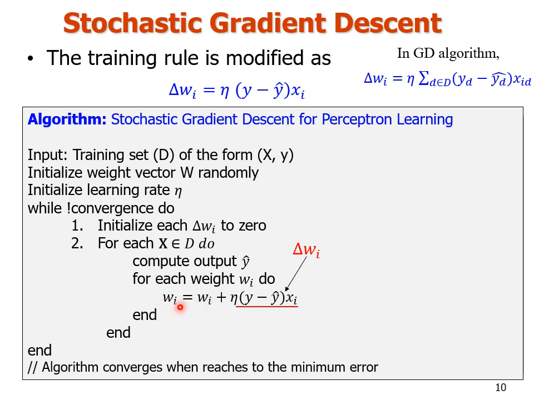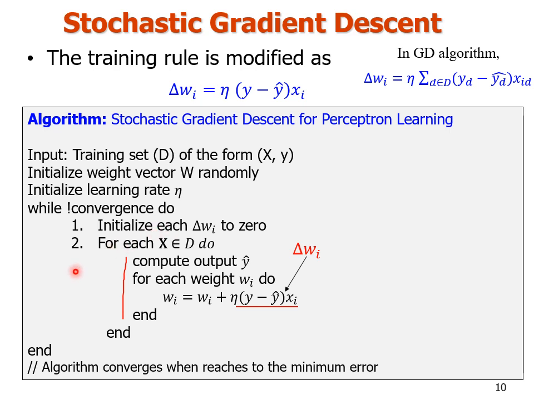Thus, after updating the weights for one particular training example, we go to the next example and, using the earlier computed Wi's, we update the weights once again with respect to the new training example.